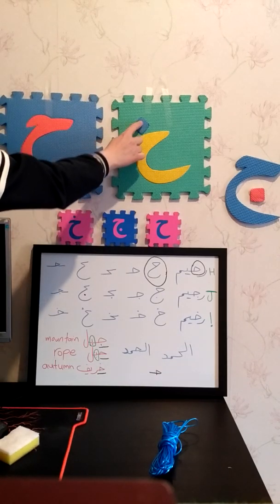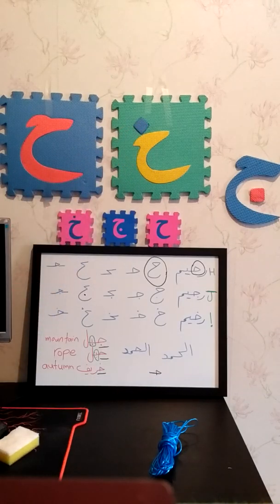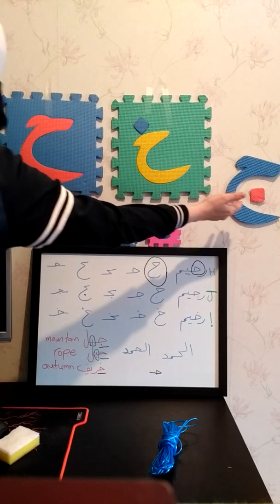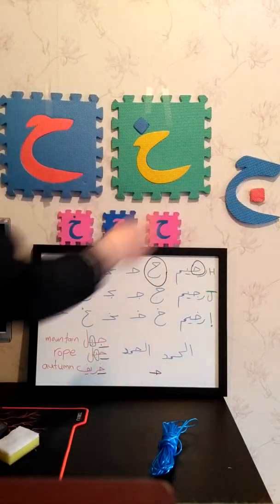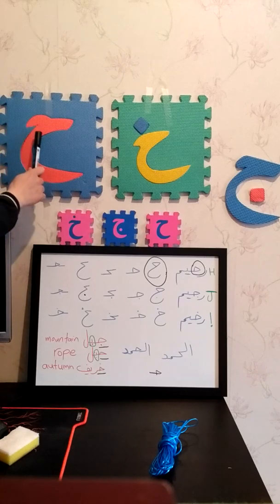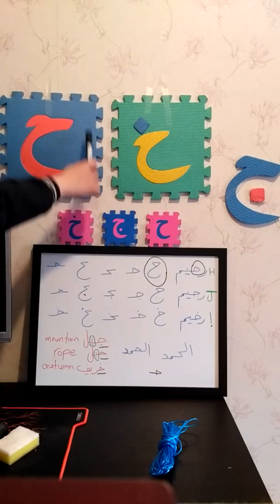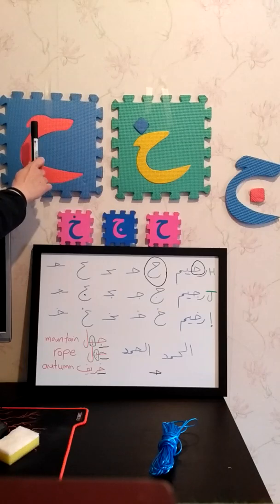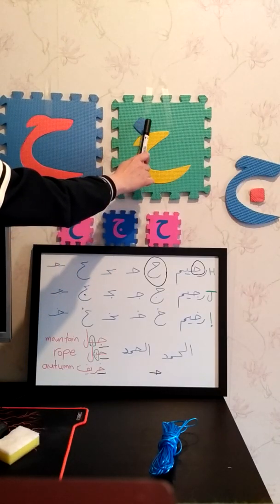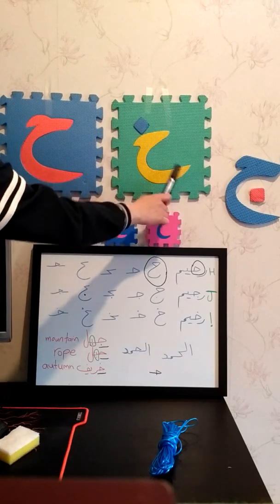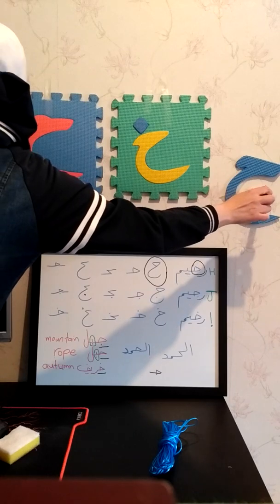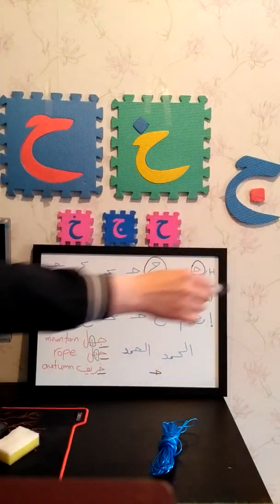The dot is responsible for deciding whether it's ha, kha or jim. Ha doesn't contain any dot, while kha contains the dot above this basic form, while jim has it inside.